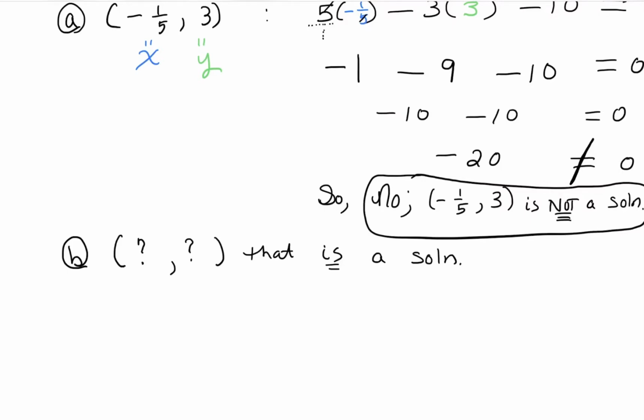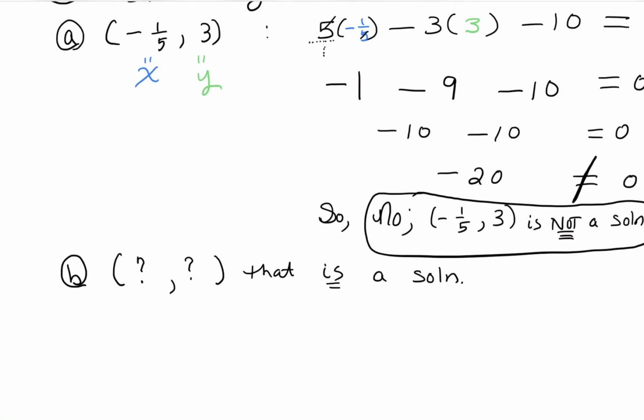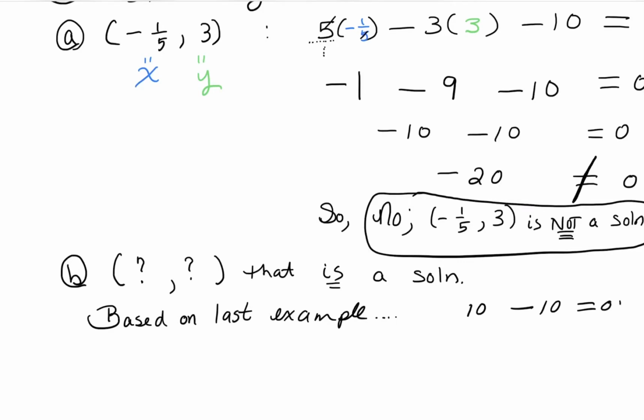All right, well, there's a lot of things we could do here, and we're kind of building towards something, but a lot of times if I'm doing this in class and I had just done the last example, I would have students that would be like, well, wait a second. They would just look at the last example that we did. That one seemed like it was pretty close. Like if I could have gotten to a 10 minus 10, then that would have worked and that would have been 0. So in order to get to a 10 minus 10, I would have wanted both the 1 and the 9 to be positive.